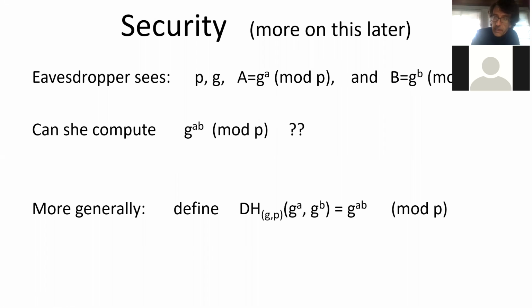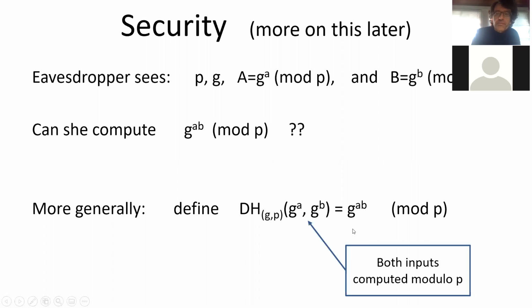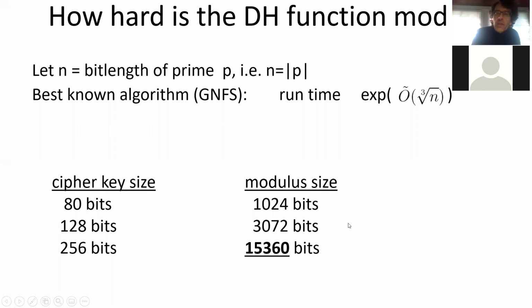The Diffie-Hellman assumption is that there is no polynomial time adversary algorithm which would compute values of this function in this experiment, where it has to solve it on random inputs given by the challenger, with probability more than negligible. So that was the Diffie-Hellman assumption.